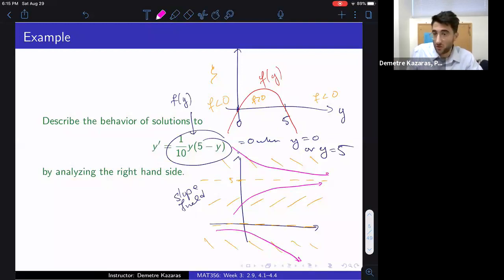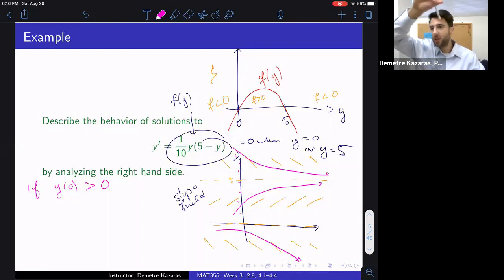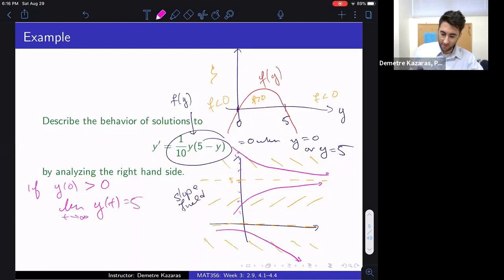If y of 0, the initial condition, is bigger than 0, so if I start out somewhere above height 0, doesn't matter if I'm above 5 or below 5, as long as I'm above 0, I'm going to tend to 5. The limit as t goes to infinity of y of t will be 5.